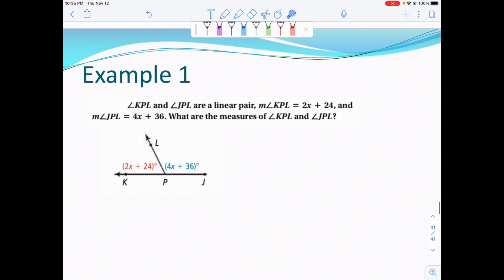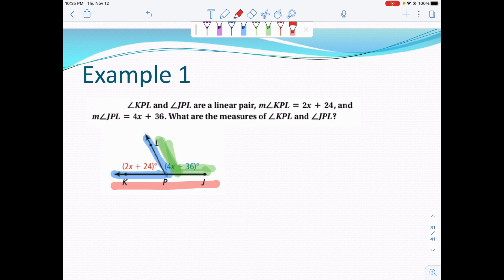All right, so that brings us to our first example. You're going to be given an example like this where it says angle KPL, this angle here, and angle JPL, this angle here, are a linear pair. So when they say linear pair, we're talking about two angles that are adjacent and supplementary. So automatically, linear pair, adjacent, and supplementary.